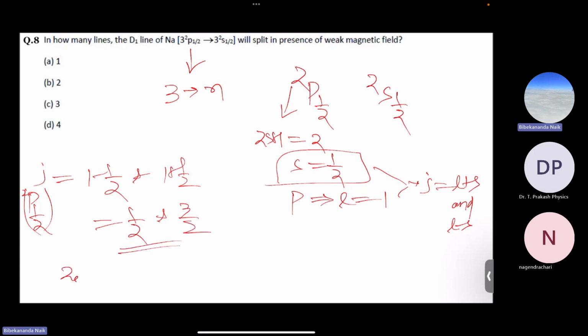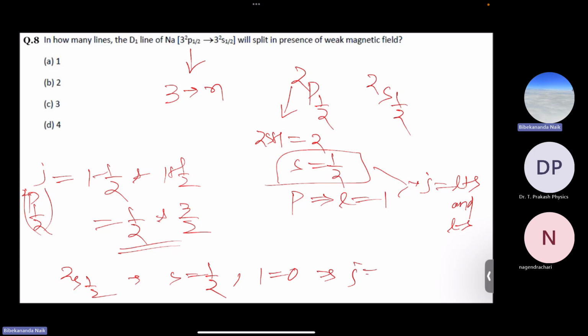Similarly, for 2S half, we have S equal to half and L equal to 0.